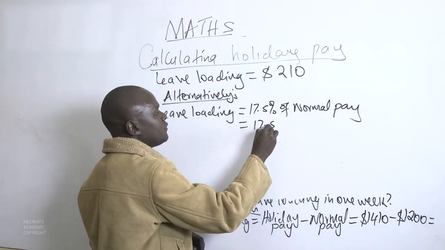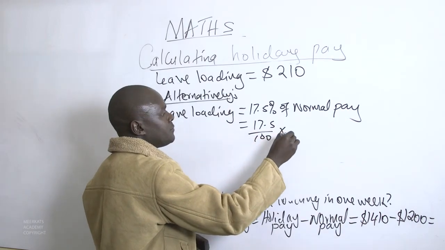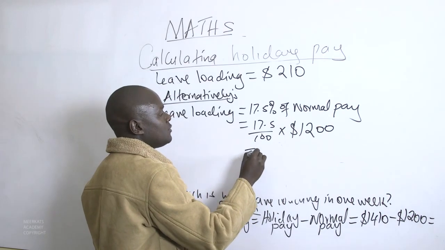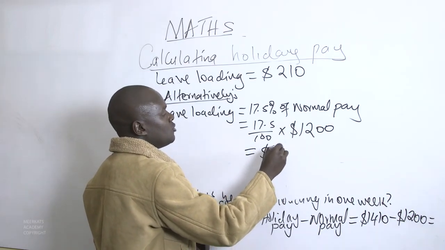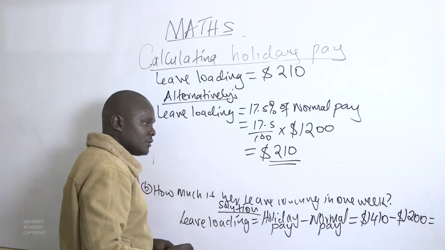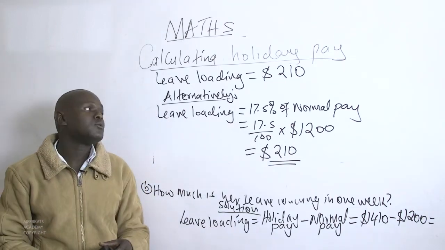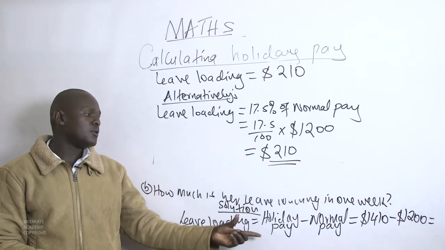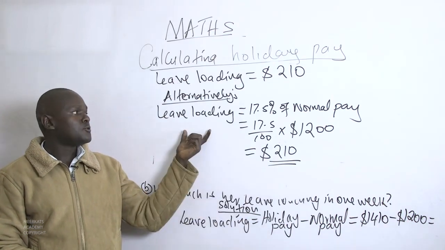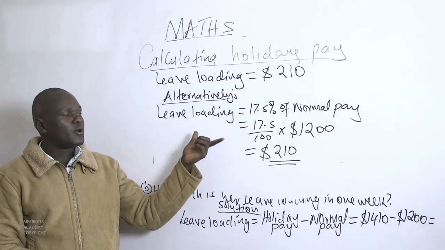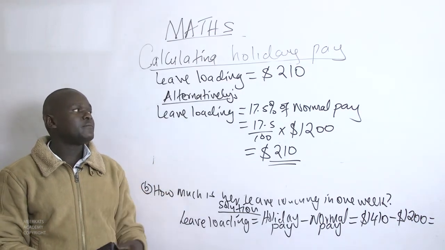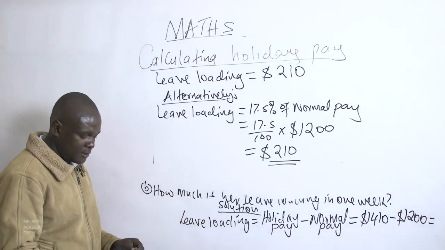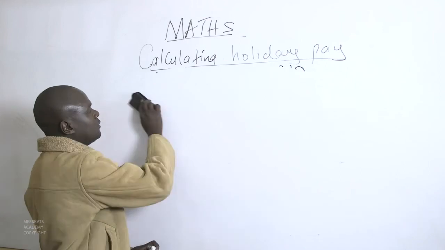This will be 17.5 out of 100 multiplied by the normal pay, which is $1,200, and this will give us $210. So we have two ways in which we can calculate the leave loading. The first way is finding the difference between the holiday pay and the normal pay, and the second method is whereby you find 17.5% of the normal pay. Let us look at our last example.